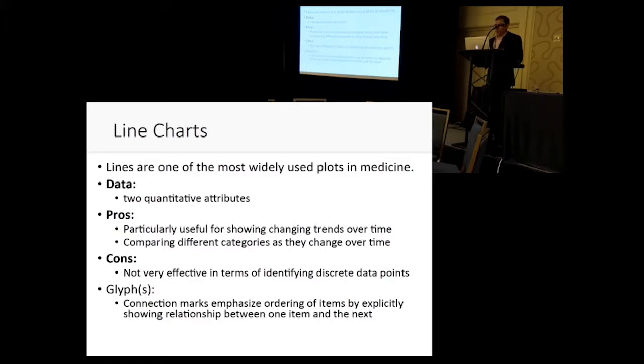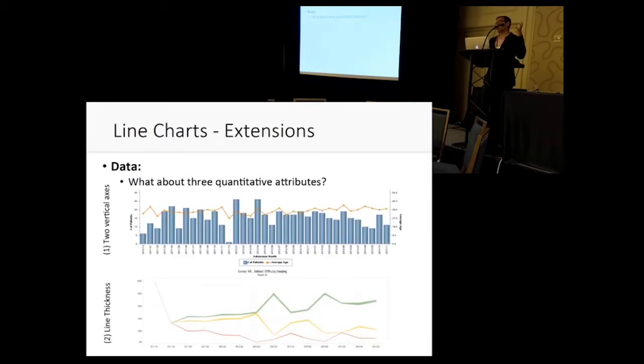But then, I mentioned that we only have two attributes, X and Y. So what if we want to add a third attribute? You always have to consider, if I need to show this and I have a third attribute, there are ways to do it. Let me have two axes. You have to be very clear with the axes. You have to make sure all the legends are there.